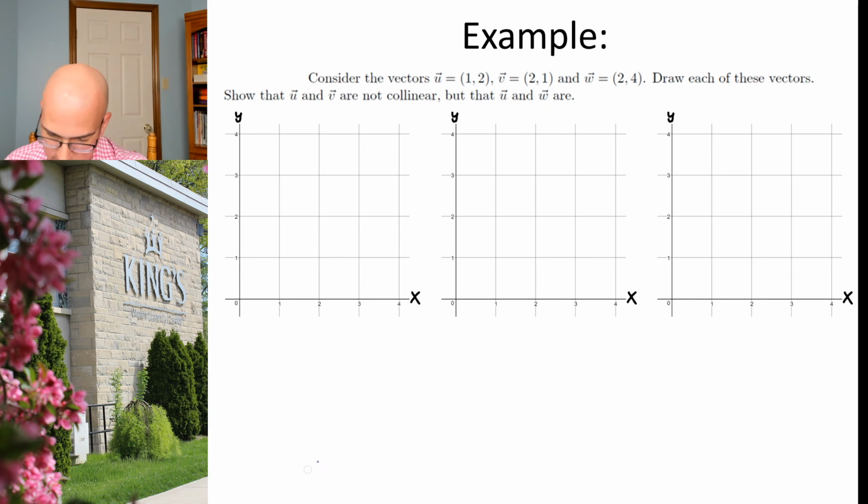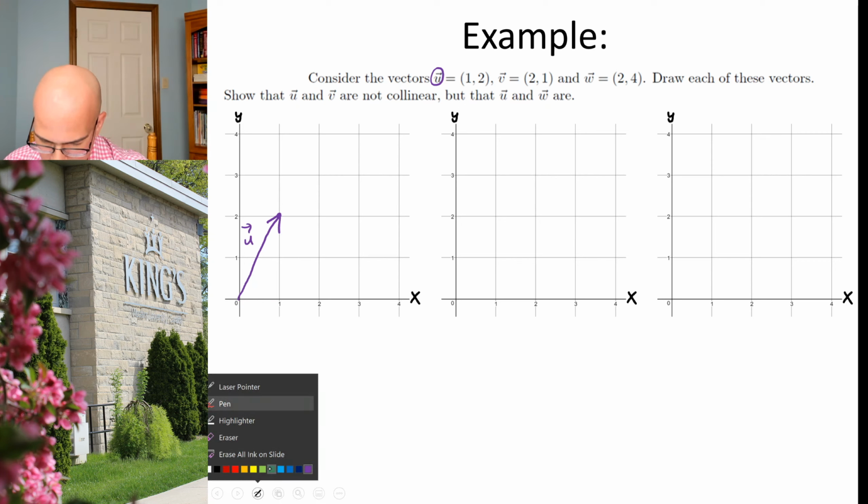So I'm going to label the u in purple and draw it. It says move 1 in the x and 2 in the y. So that's our ending point. Draw the arrow to that point. A very good arrow. I'll label it with a u.